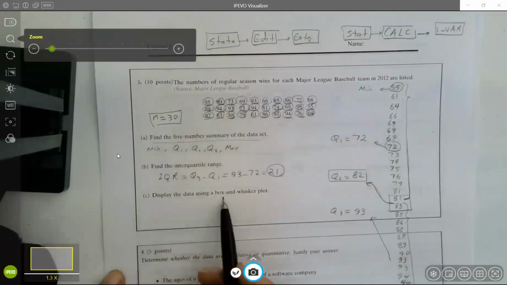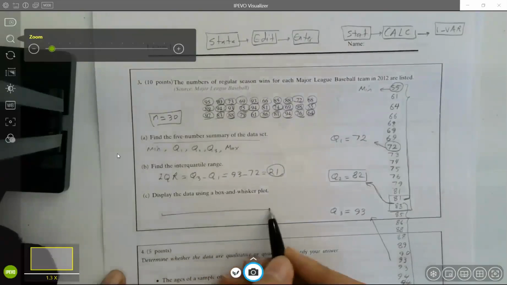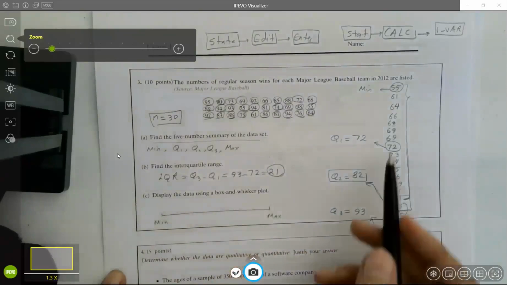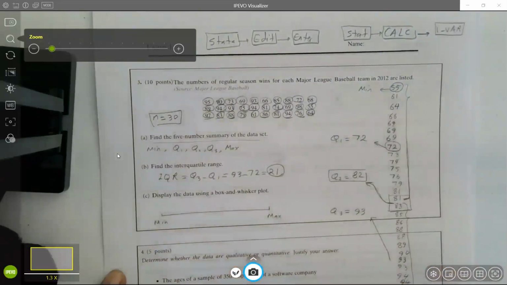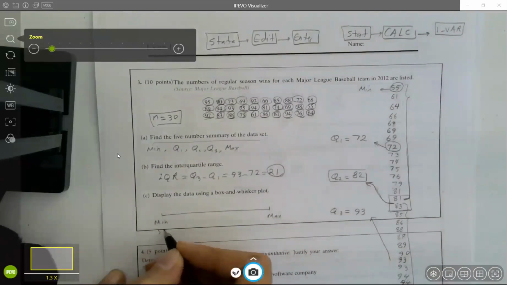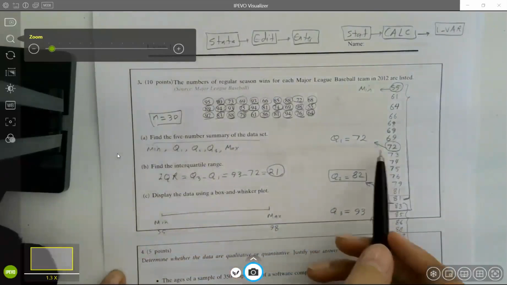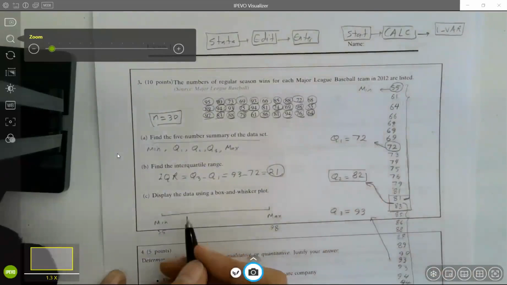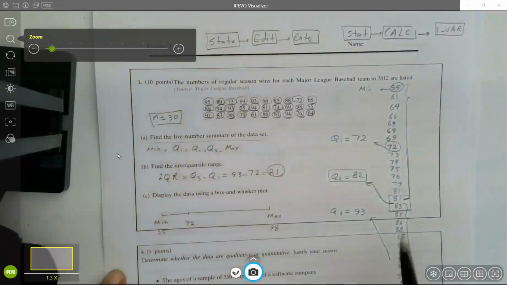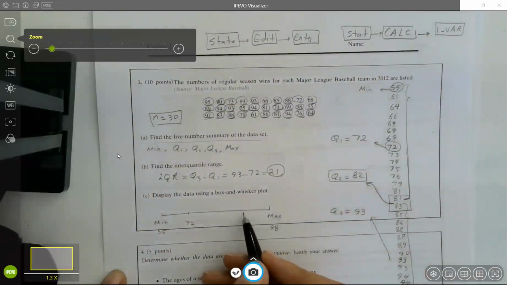Then it says display the data using a box plot. Okay, suppose you have your minimum, you have your maximum, and the minimum is 55, the maximum is 98. Very well. So where is our first quartile? 72. So 72, suppose it's roughly here. The second quartile is 82, and the third quartile is 93.